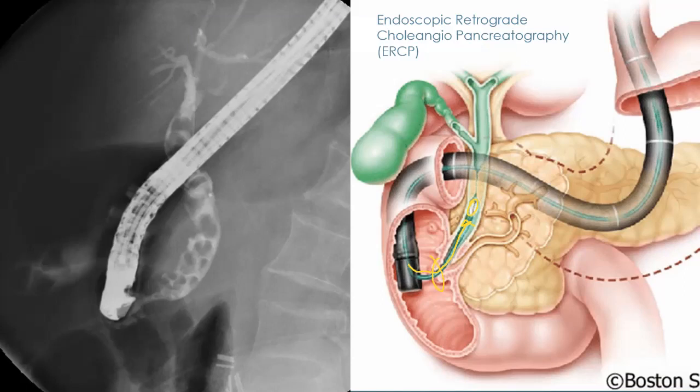So you can see in this picture, this is the colonoscopy or endoscopy device. And what they've done is they've put a whole bunch of white contrast up here. And you can see these black, what looks like bubbles. These are all of the stones that are located in that cystic duct that are not supposed to be there.